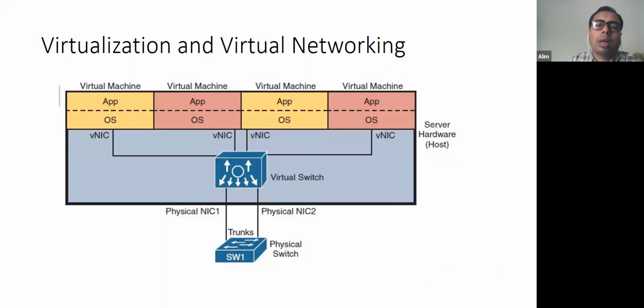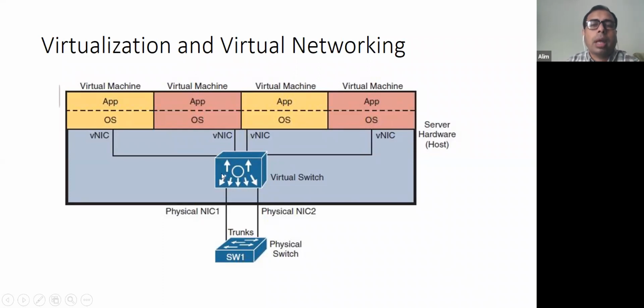Whenever you are talking about virtual machines or virtualization, you have to talk about virtual networks. To connect virtual machines, you need a virtual network. What is the architecture of this type of technology? Look, this car is a server. It is a physical server, server hardware, host. We call it host.